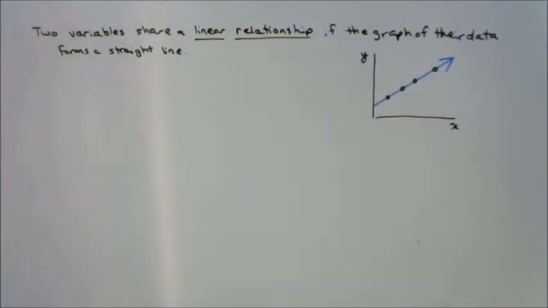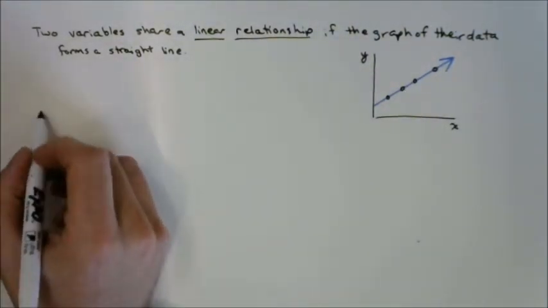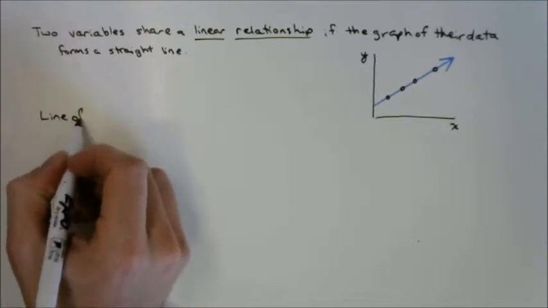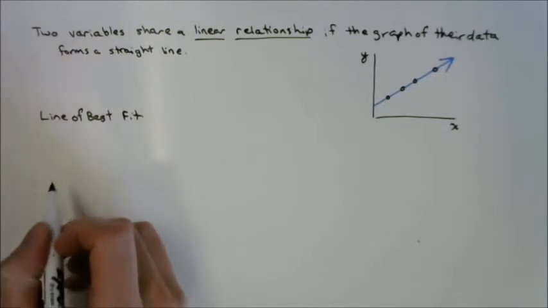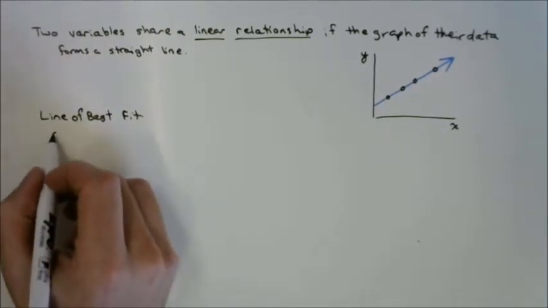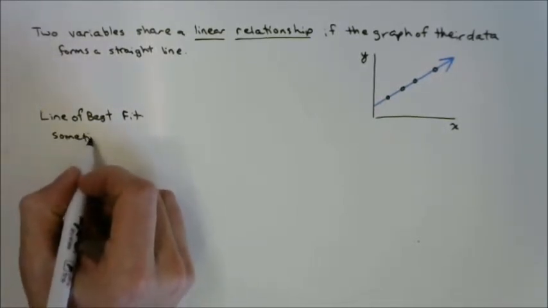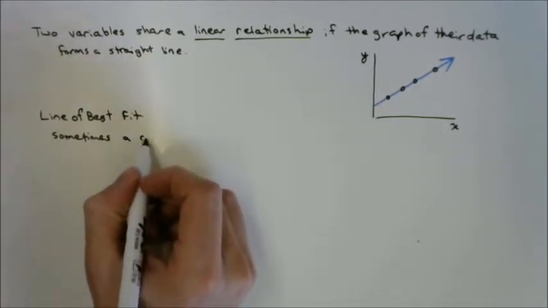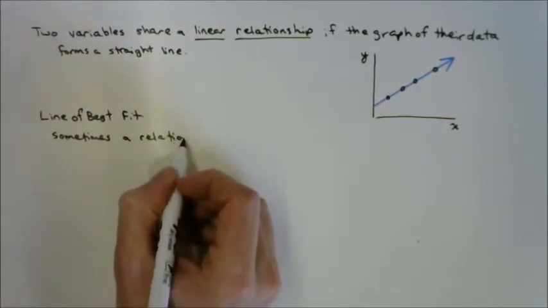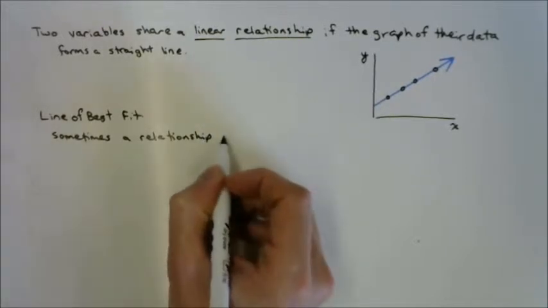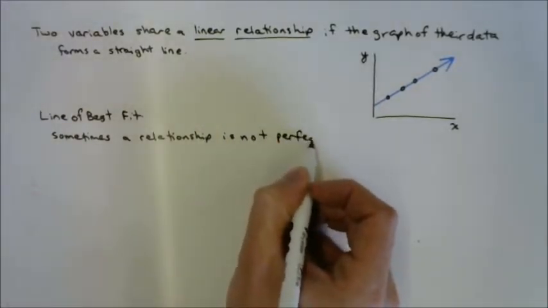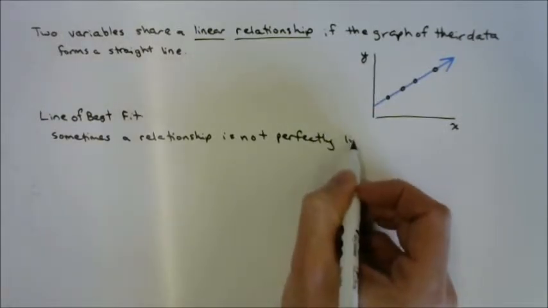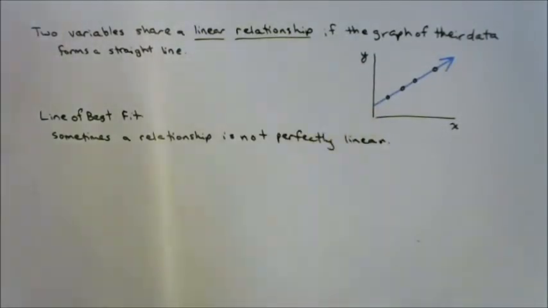Okay? The second thing that we're talking about is line of best fit. And you should be a bit familiar with that. Sometimes a relationship is not perfectly linear.